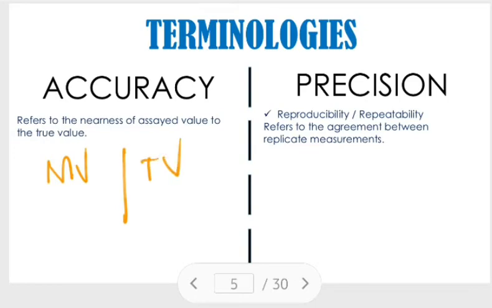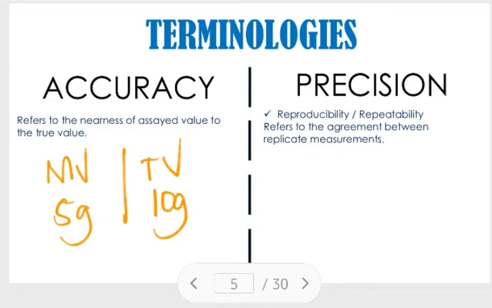So in the laboratory, you obtained a weight measurement of 5 grams for a given substance, but the actual, known, or true value of that substance is 10 grams. So in this case, your measurement is not close to the known value or the true value.